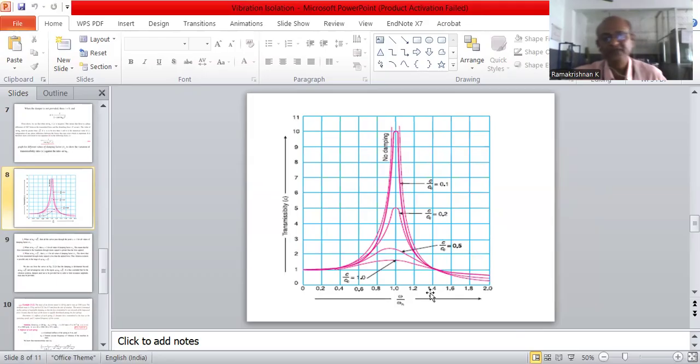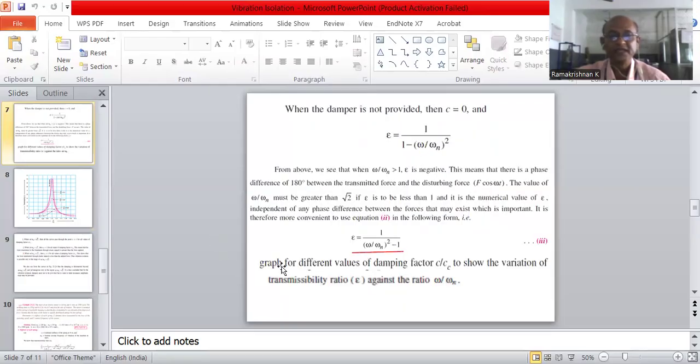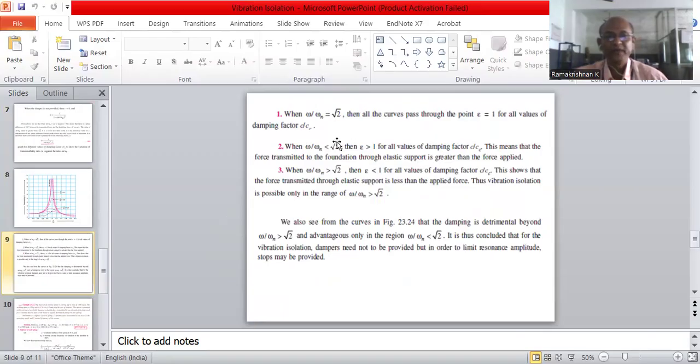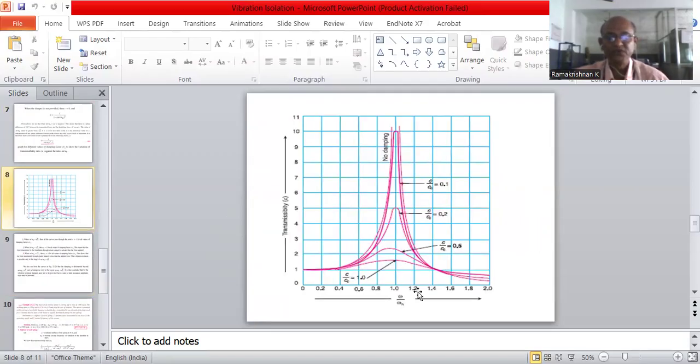So the inference we have from the graph is, first point, when omega by omega n is equal to square root of 2, that is this point, all the curves pass through the point where epsilon is 1, as indicated.